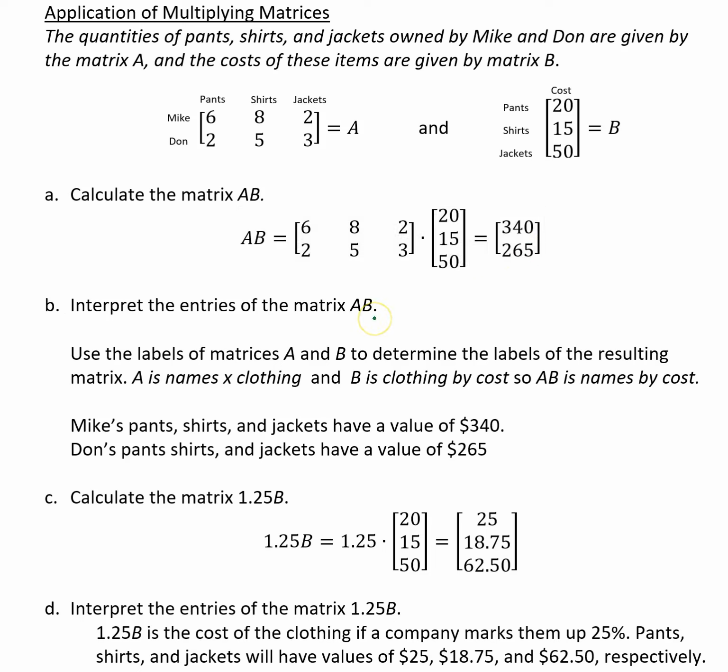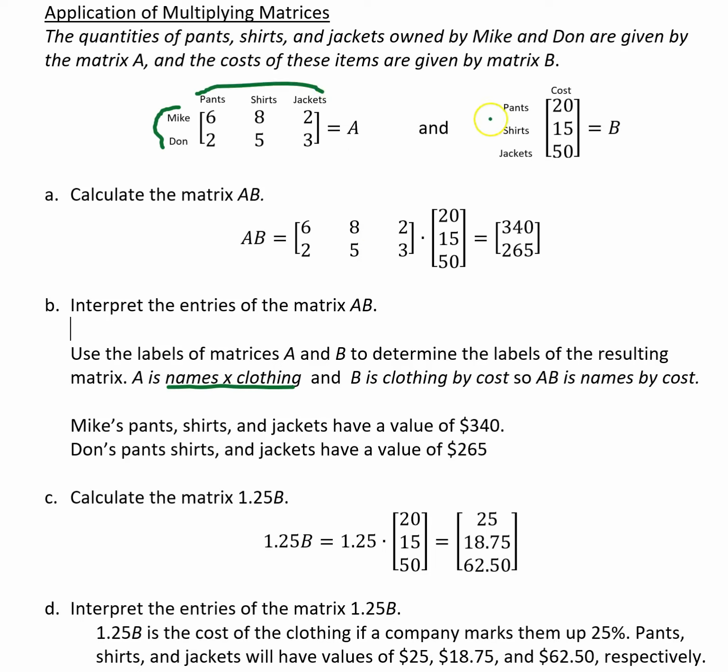The next part asks us to interpret the entries of matrix AB. It helps us to use the labels of matrices A and B to determine the labels of the resulting matrix. So matrix A had the labels of names by clothing. I called Mike and Don names, and then pants, shirts, and jackets clothing.